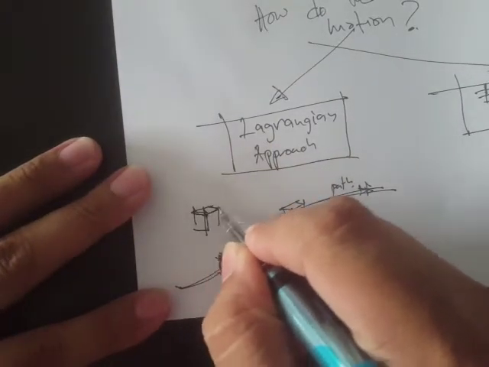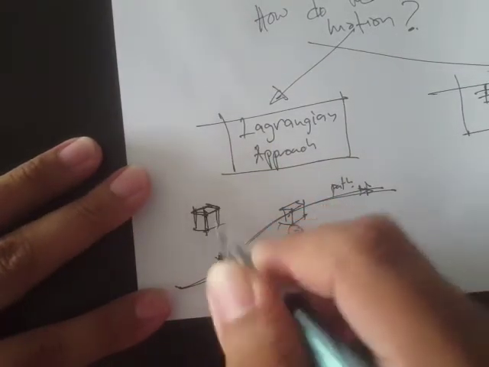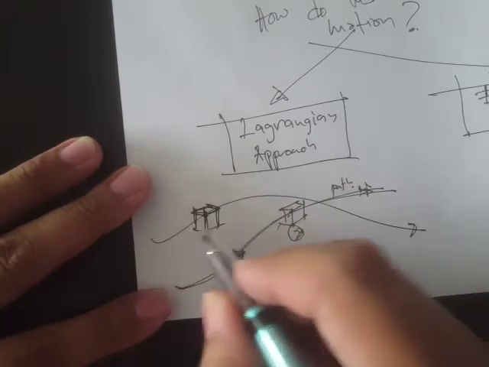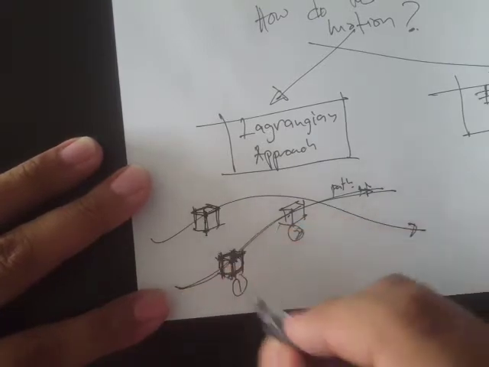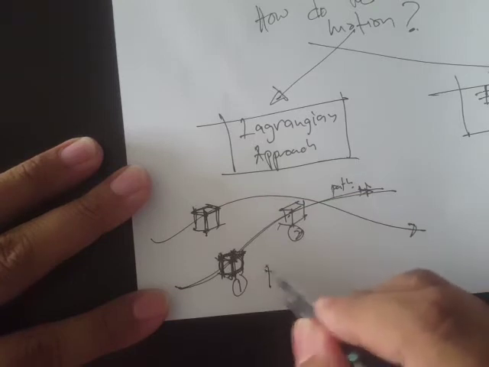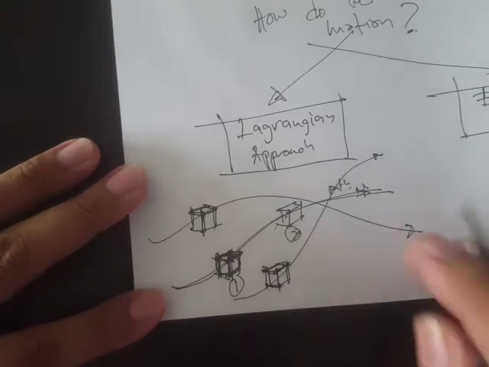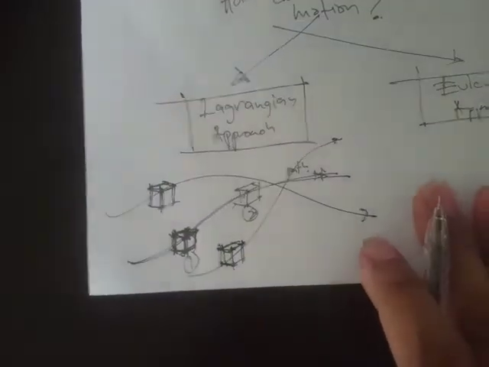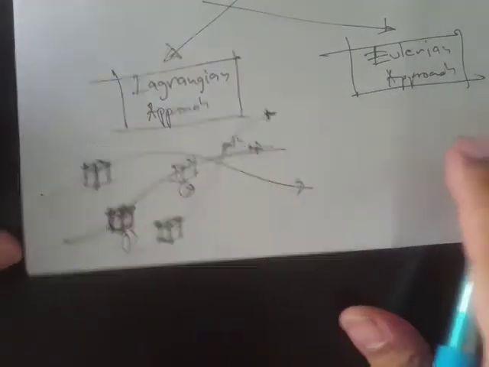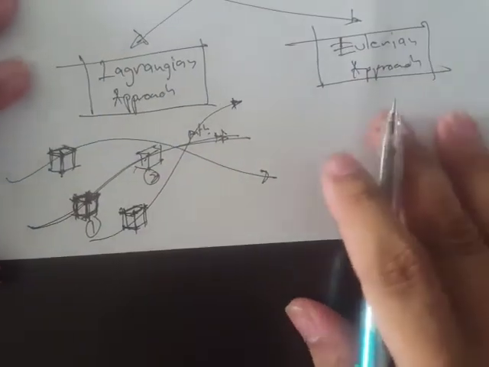In order to describe the motion, you have to know another path, right? And what if we have a lot of fluid particles? Then of course that's going to be complicated. And that's why we have this Eulerian approach.